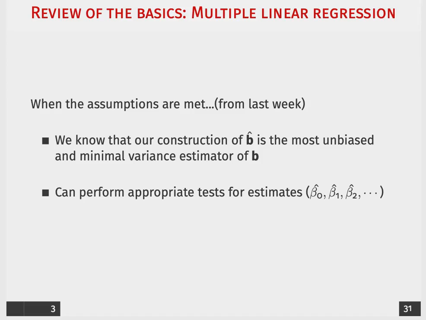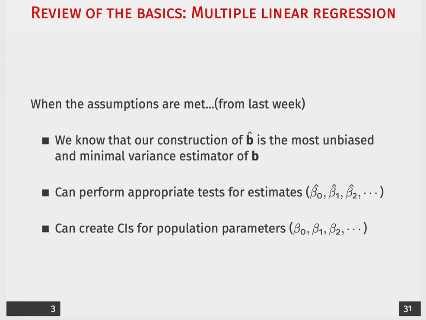And we can then, because of that, perform these appropriate tests for these estimates. So we can perform t-tests and f-tests, which we'll talk about today. We can also then create confidence intervals for these population parameters, which also allows us to do hypothesis testing.